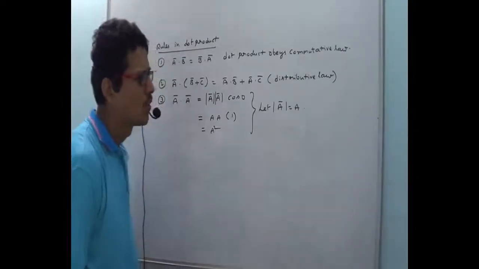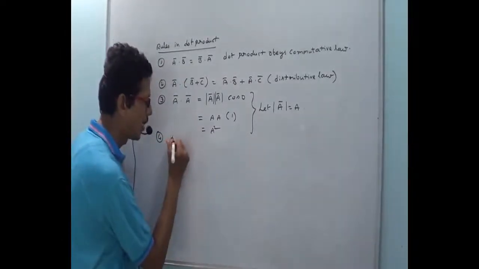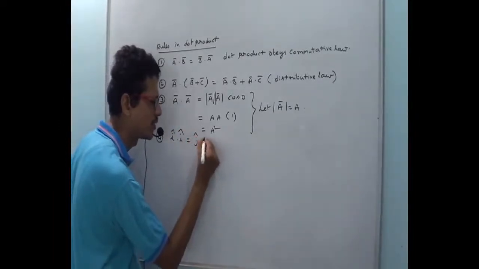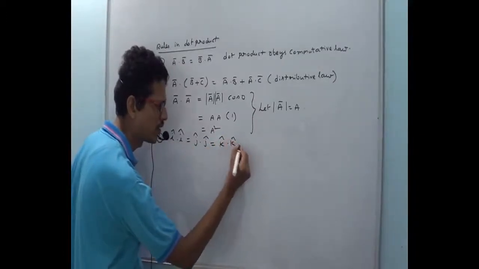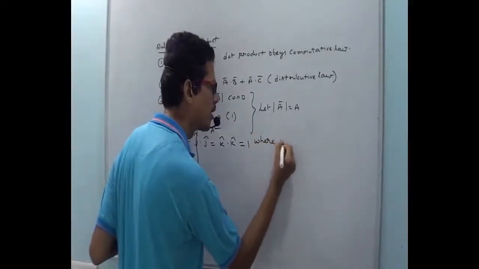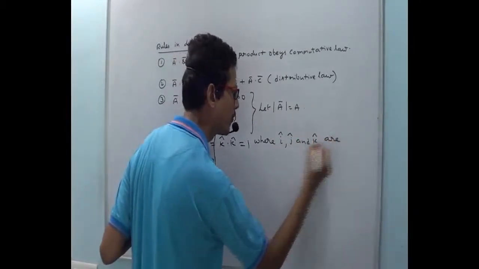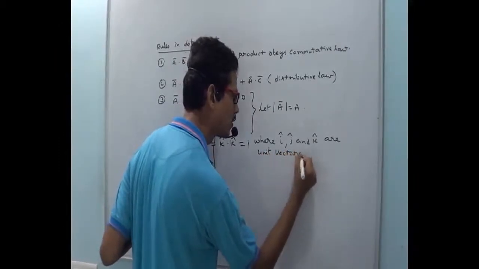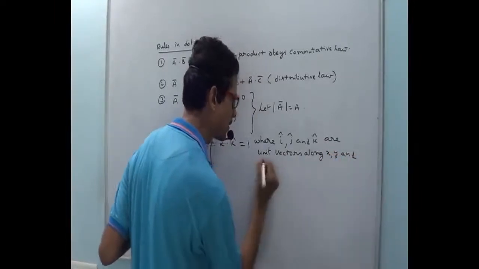And the fourth rule is this: I dot I, J dot J and K dot K are equal to 1, where I cap, J cap and K cap are unit vectors along X, Y and Z directions.